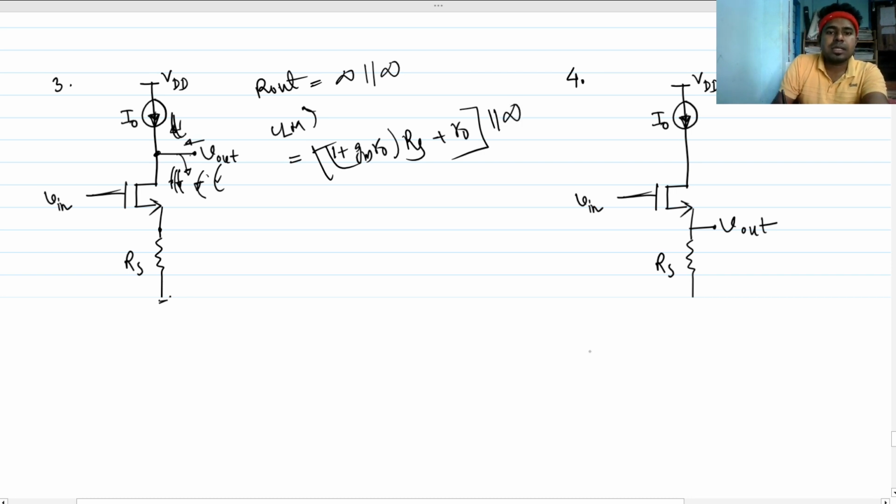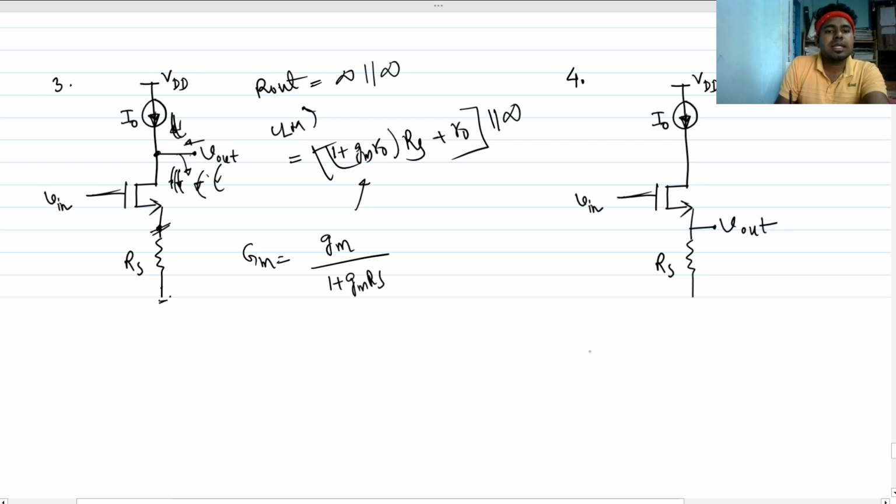And the overall GM for a degenerative circuit, if you calculate this, you will get the same thing. So the overall GM is reduced due to this source degeneration. We know that the overall gain also gets reduced for a source degeneration circuit.